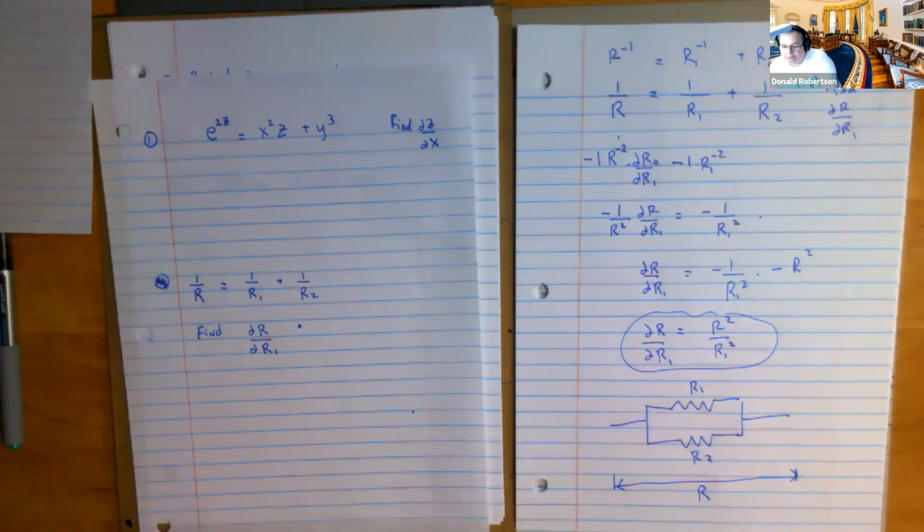So in physics you would say the rate of change of the total resistance with respect to R1 is directly proportional to the total resistance squared and inversely proportional to R1 squared. And two of you probably nodded at what I just said and the rest zoned out, but that's fine.